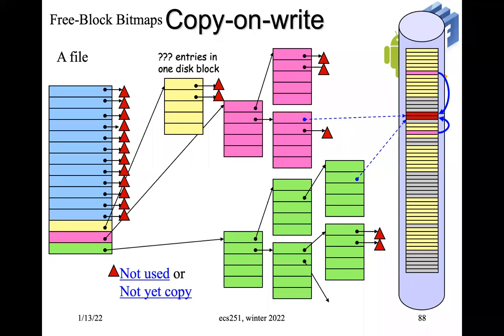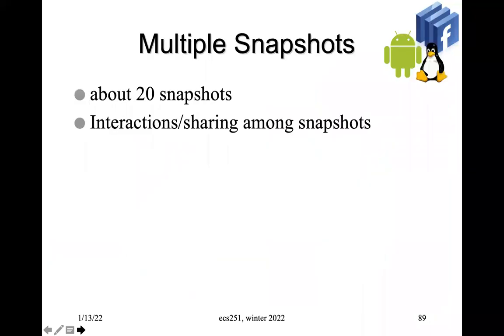Okay, so I'm going to talk about the next concept. I just want to share with you that you can take multiple snapshots. In the FreeBSD kernel, you are allowed to take about 20 snapshots.